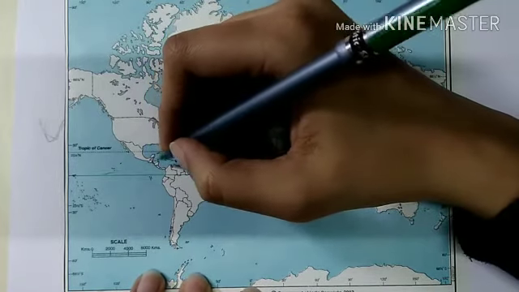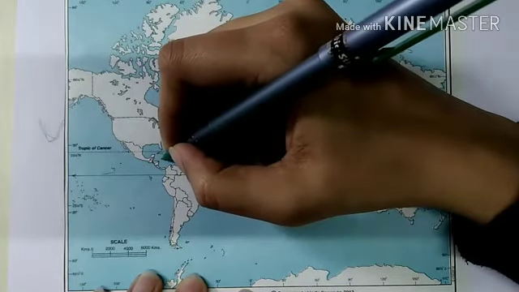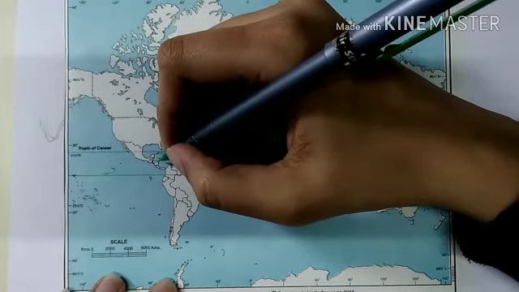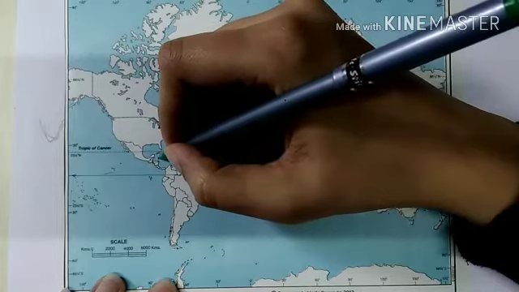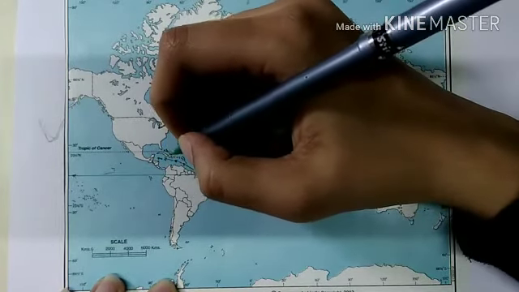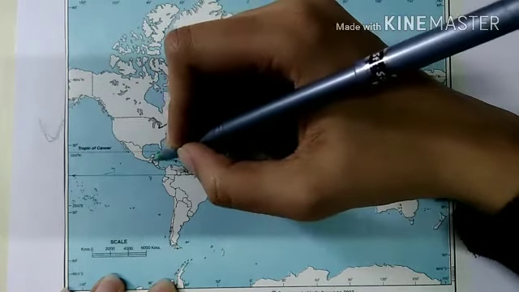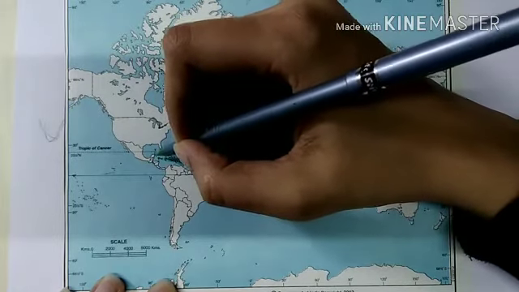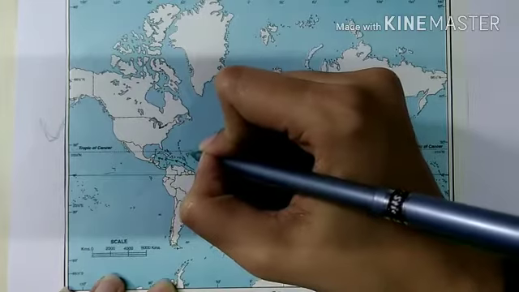Okay, now here the oceanic current starts to be known as the Caribbean current. And this oceanic circulation accumulates an abundant amount of water within the basin of the Gulf of Mexico. So this is known as the Caribbean current, and this is known as the Antilles current.